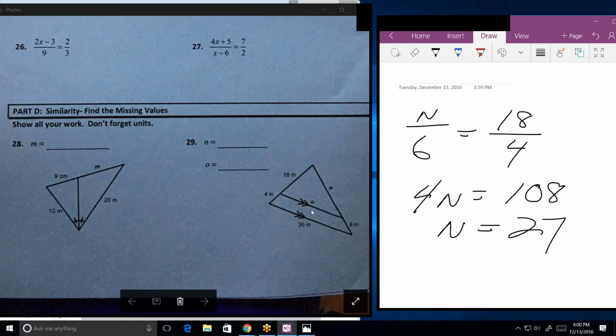Because these two lines are parallel, I know that this top triangle is similar to the big triangle. That's what I feel most comfortable with making my ratios. But a lot of people want to say n is to 6 as 18 is to 4, and I'm always a little hesitant whether that's true or not. I guess it is true.